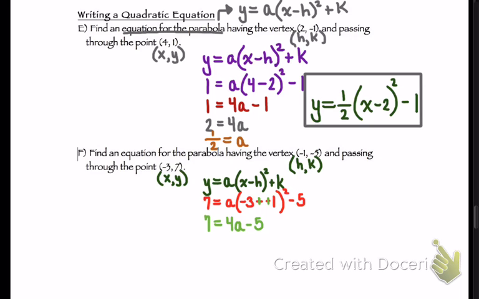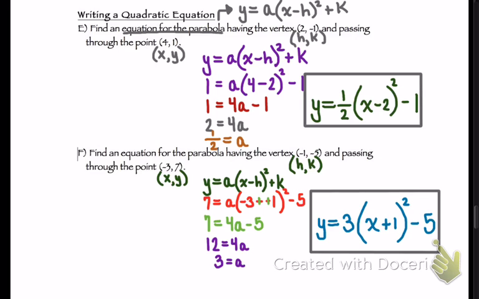Tack on that negative 5. Think, solve for a. Add 5 to both sides. Divide by 4. You get a is 3. And therefore your function should look like this. Did you get it? Hopefully.